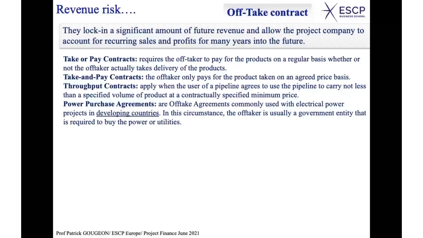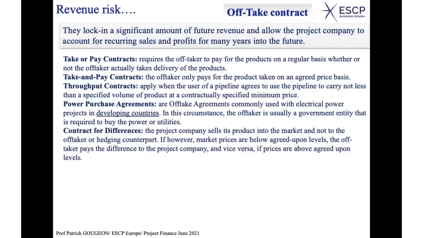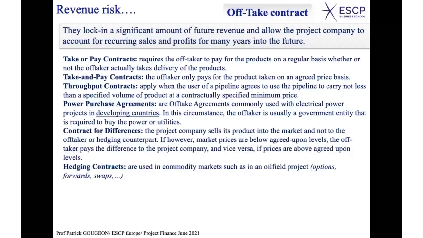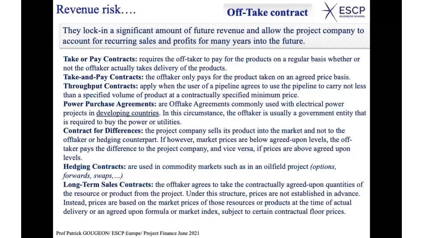You have contract for difference, hedging contracts, long-term sales contracts. I'll let you read all these things. It's just to give you an idea of the vast range of possibilities that exist to fix the revenues of a project.